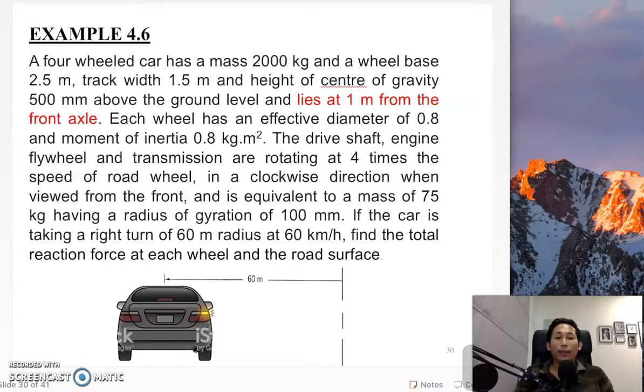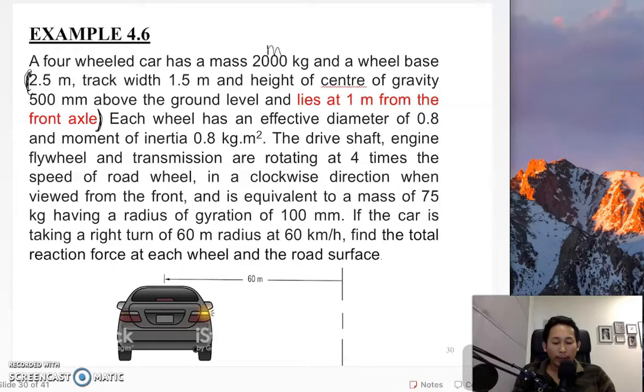It lies at 1 meter from the front axle. So 2000 is the mass of the vehicle, and this is the specification of the car.